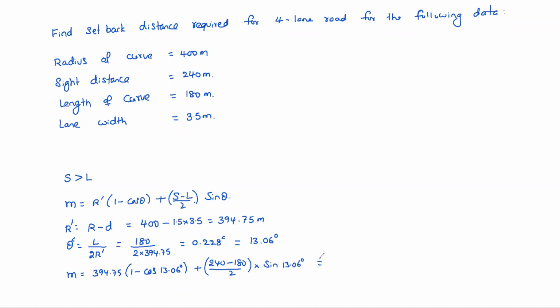So 394.75 into (1 minus cos 13.06 degrees) plus ((240 minus 180) by 2) into sin 13.06. Calculate in degrees mode. Which is equal to 16.99 meters. Up to 2 decimal places, it is 16.99.